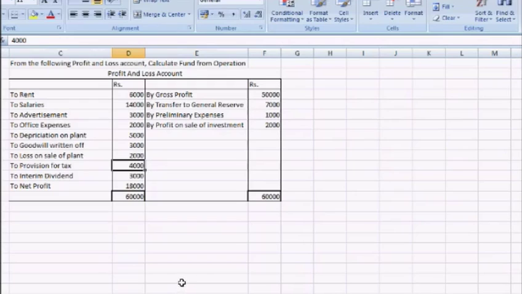Now what we have to do is subtract all those elements which have been added to the net profit and which are not part of operation. So we'll start with profit on sale of investment.